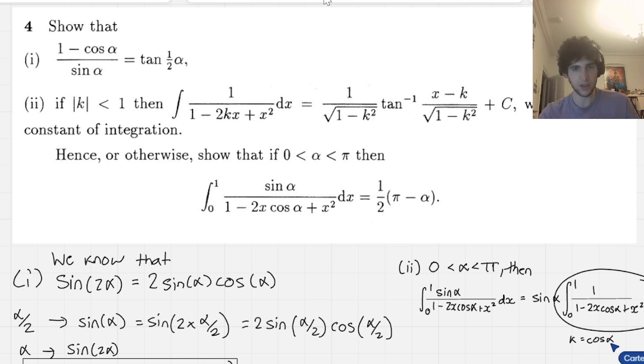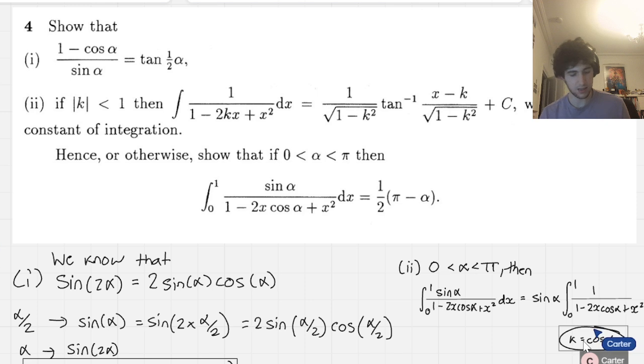So they've given us this result: 1 over the square root of 1 minus k squared, arctan of x minus k over the square root of 1 minus k squared, plus some constant c, because that was an indefinite integral, but we won't need to worry about any constants here because it's a definite integral. Since they've given us that result, we can just use it with k equals cosine alpha, because that's a constant with respect to x.